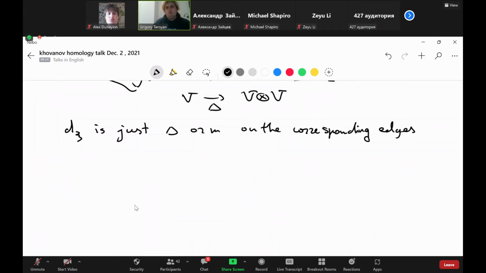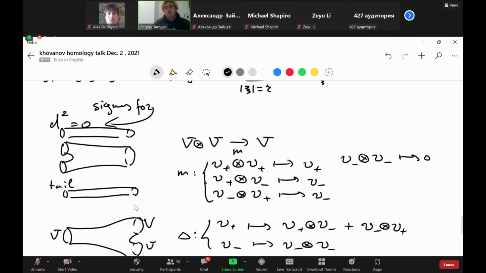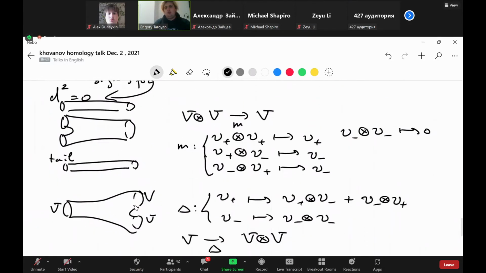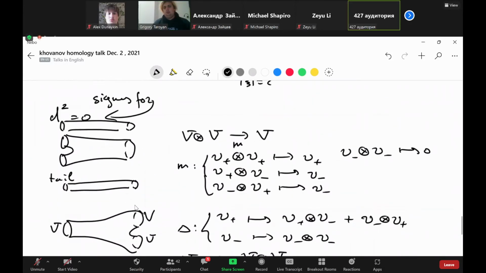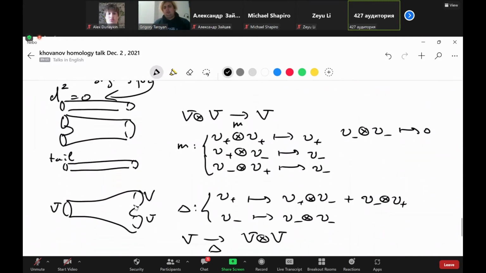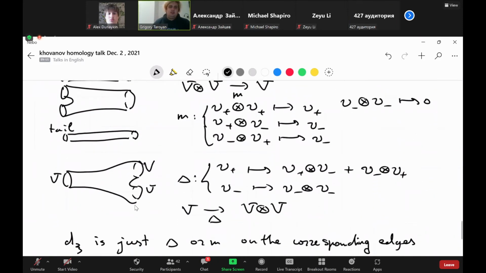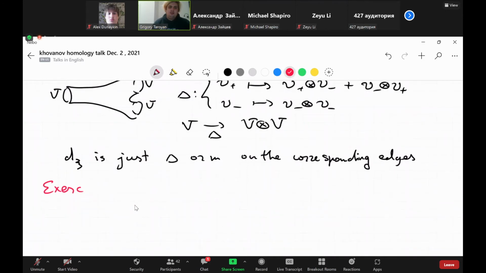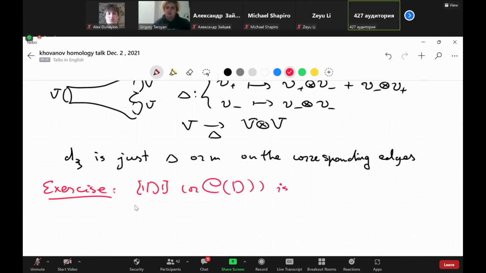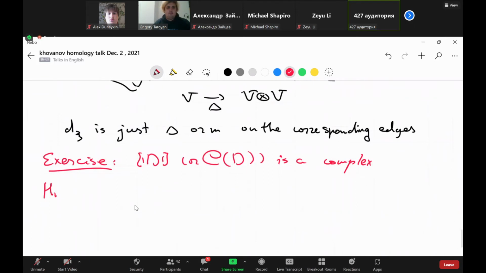It's not a complex yet because you have not proved that this is indeed a differential. But this can be left as an exercise. Значит, домашнее задание всем – доказать, что то, что получилось, это действительно комплекс векторных пространств, то есть что d в квадрате – это 0. Если мы берем композицию операторов d, то это действительно будет всегда нулем для любого элемента.